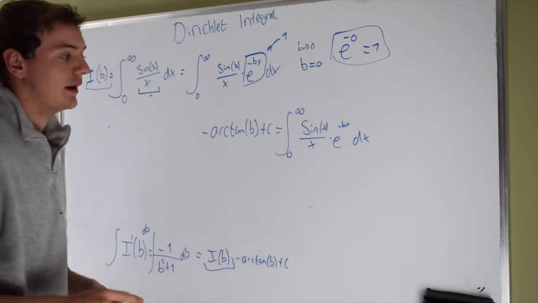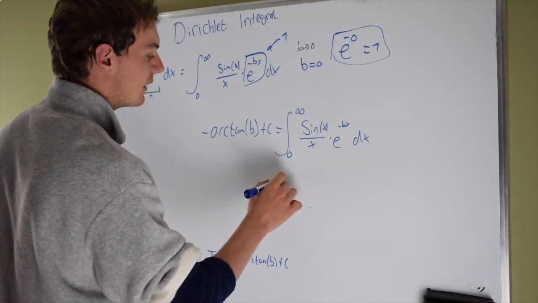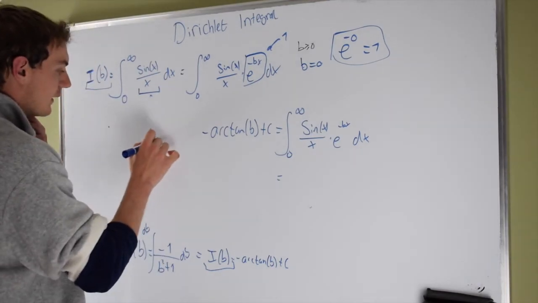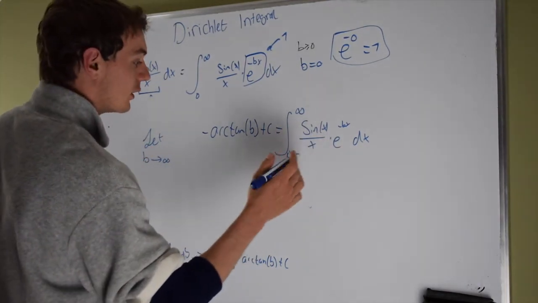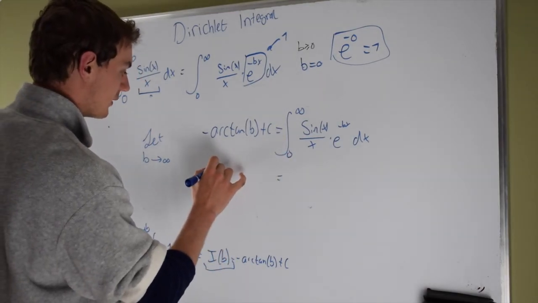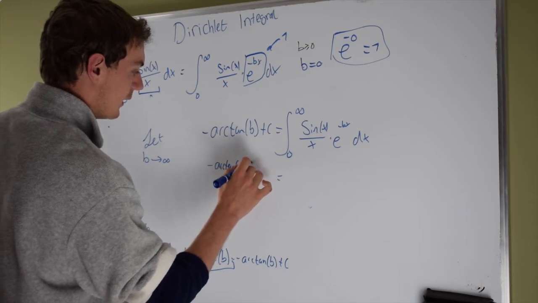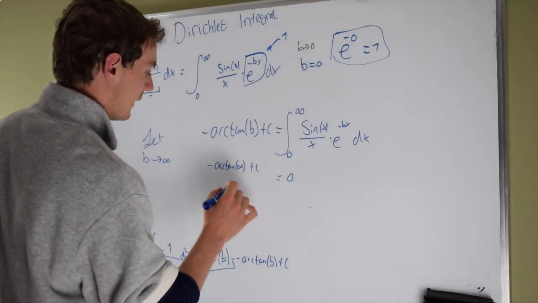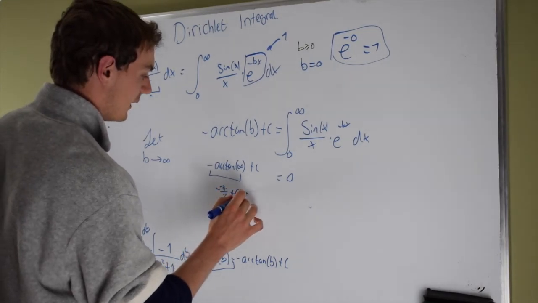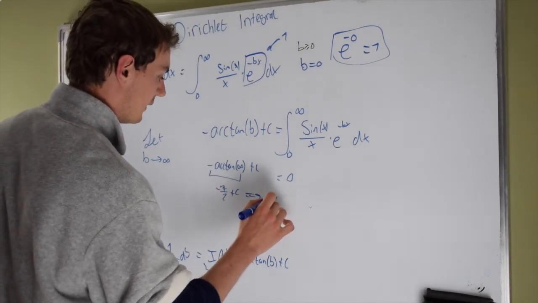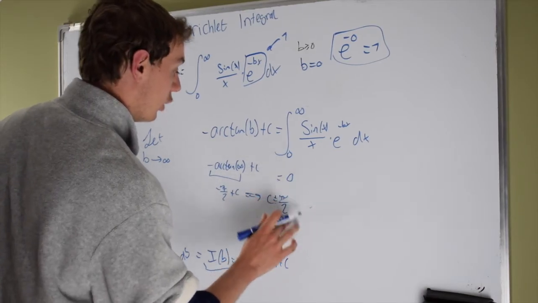Now what would be really helpful here is if we get rid of the integral. The only way we can get rid of it is if we let b tend to infinity, because then that will go to 0. So if we do that, we get that minus arctan of infinity plus c equals 0. This can be evaluated as minus pi over 2 plus c, so we can say that c is equal to pi over 2.